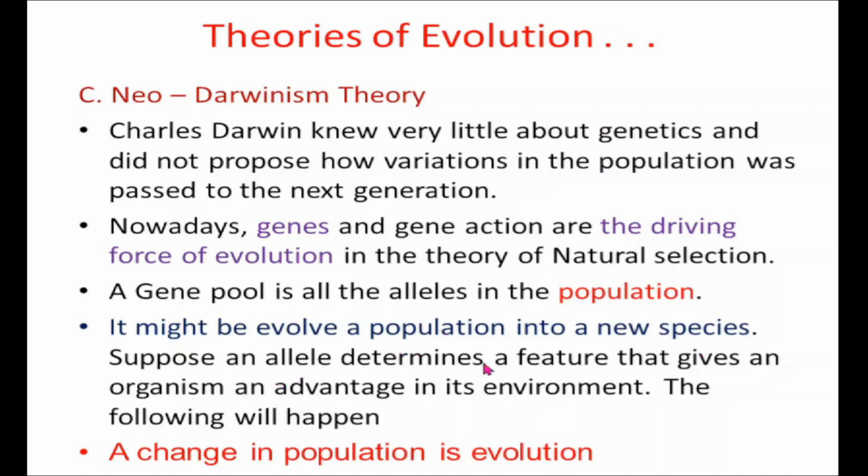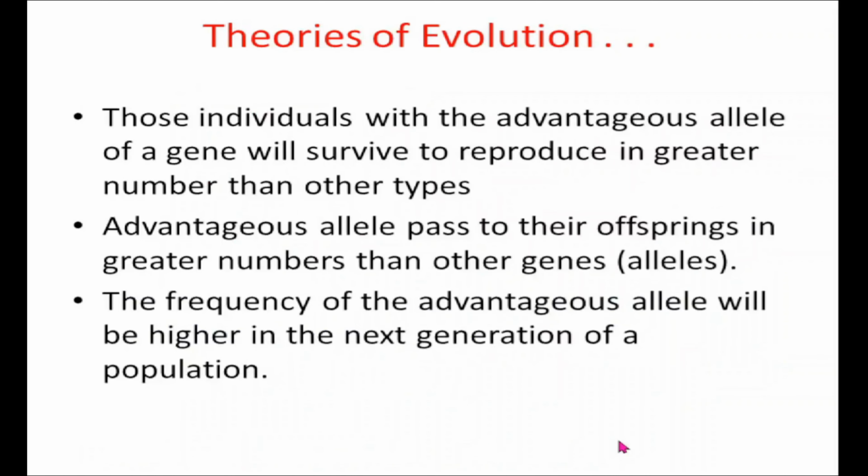Suppose an allele determines a feature that gives an organism an advantage in its environment. The following will happen. Just consider this point: the change, or the evolution, is in the population, not in the individual.